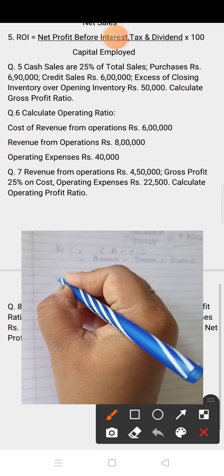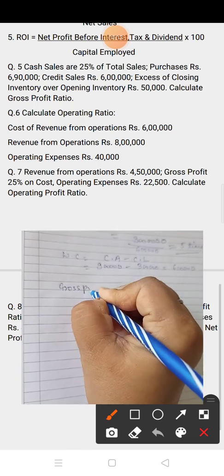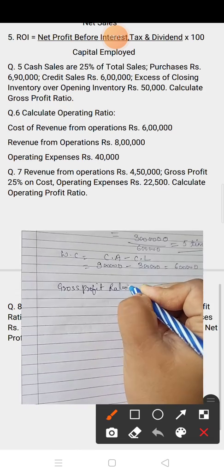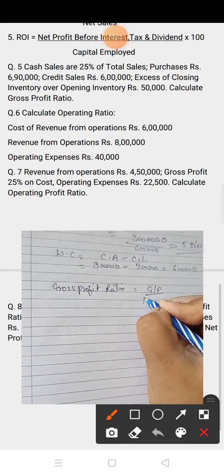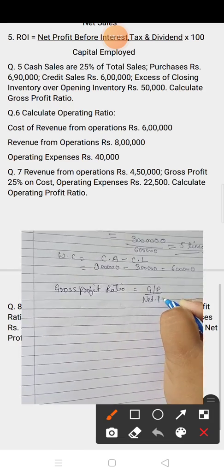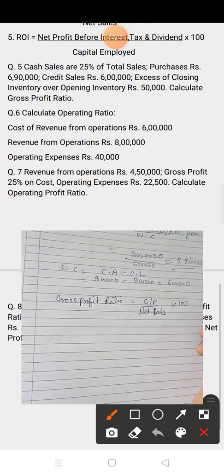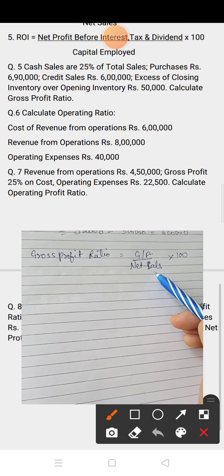The formula for gross profit ratio is gross profit upon revenue from operation or net sales into 100. Now you have to calculate the gross profit and net sale.